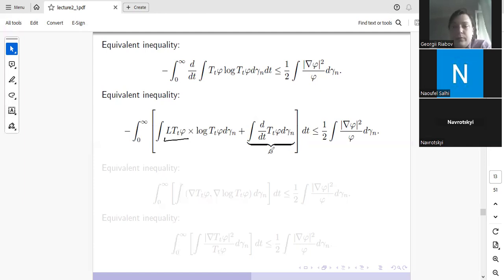But recall that Tt is symmetric in L2, so it preserves integrals. Then the second summand is 0.